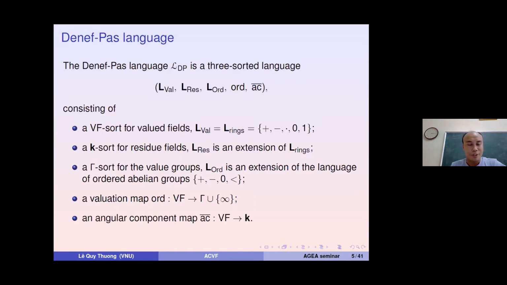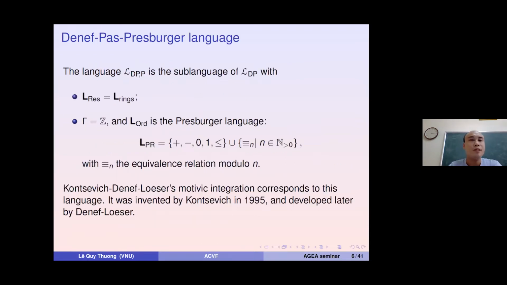They correspond to functions from VF to Γ and VF to K. In the case where the language L_Γ is the Presburger language, we get the language L_DP. This is a sub-language of the Denef–Pas language, and Kontsevich and Denef–Loeser use this language to build the classical motivic integration.